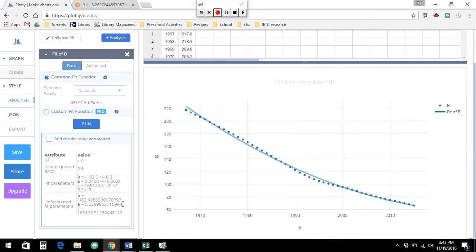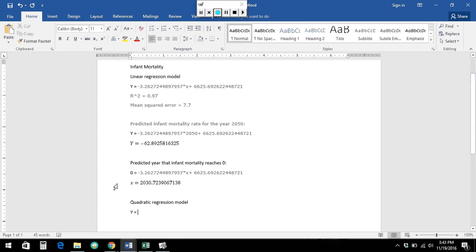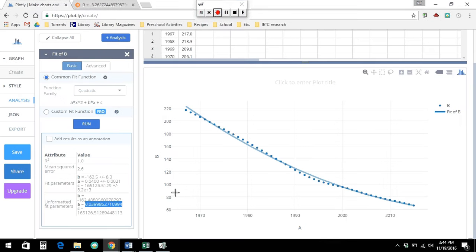Okay, so I'm going to copy first my a value here. So copy it, go back to my Word document, paste it. Then this is times x to the second power. Or if you want to do a superscript squared to make it look legitimate, you certainly could do that. But Wolfram Alpha can read both things. Then we're going to go back and grab our b value. Now notice the b value is negative.